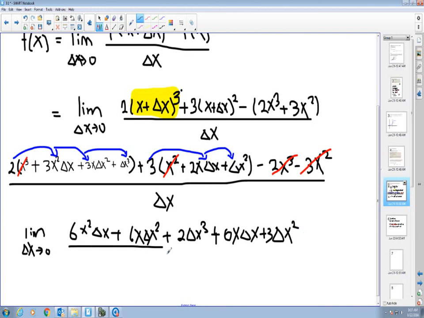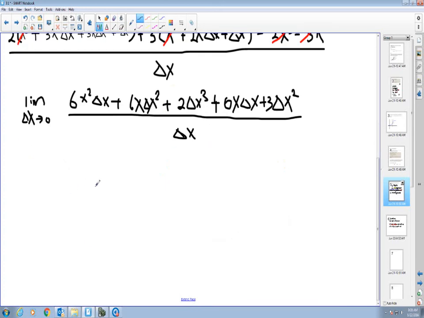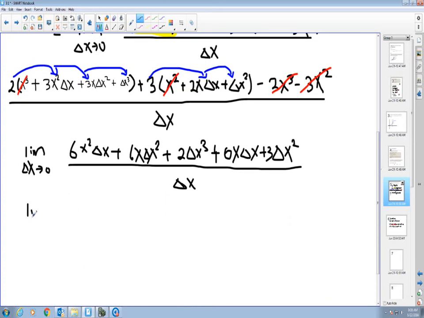Okay, everybody over delta x. Alright, since every term has delta of x up top, we can actually factor out a delta of x. So the limit as delta of x goes to 0.